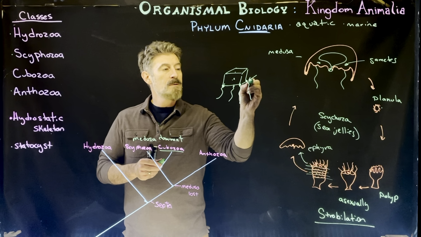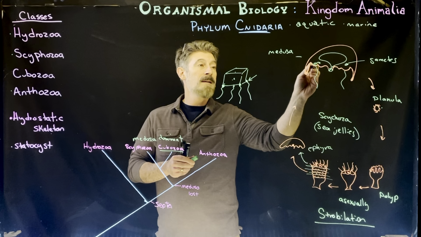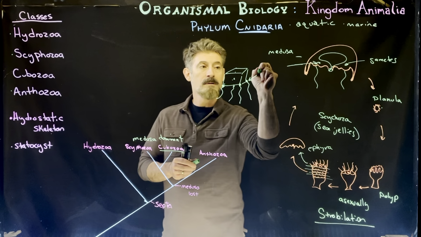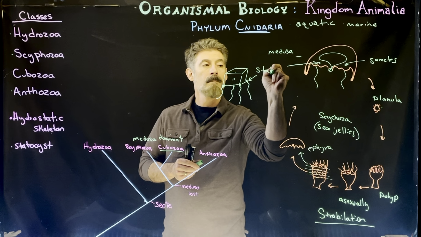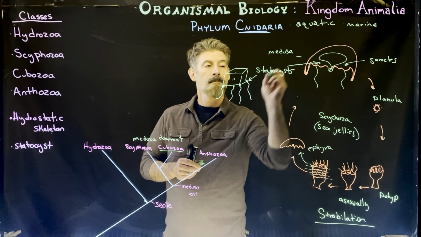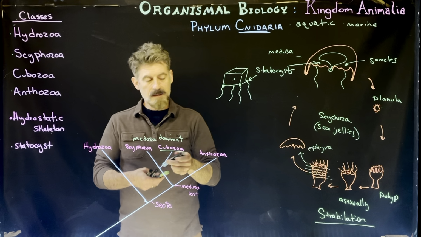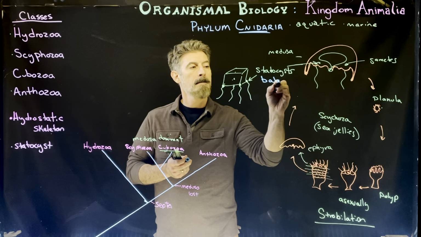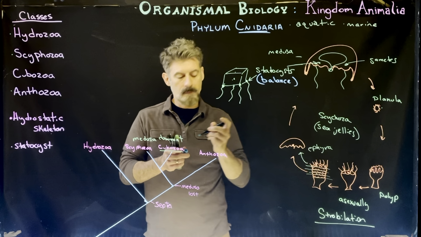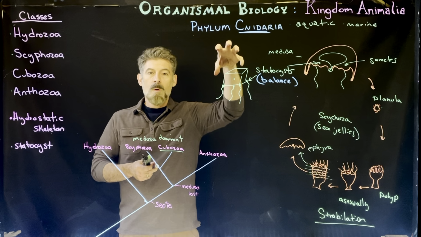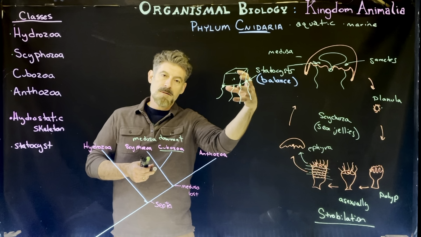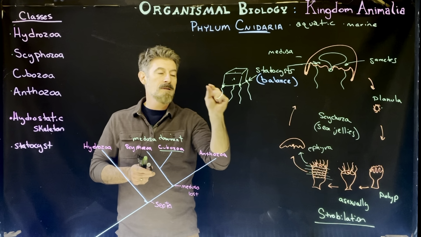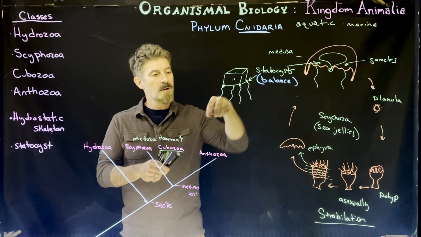At each of those locations, and we'll find these in the medusa of the Scyphozoans as well, are sensory structures called statocysts. The statocyst has within it a type of balance sensor. While moving in the water column, if the animal is tilted sideways or upside down, it can know because there's a little calcified structure that hangs down.